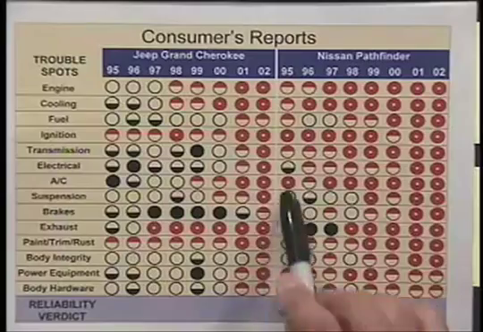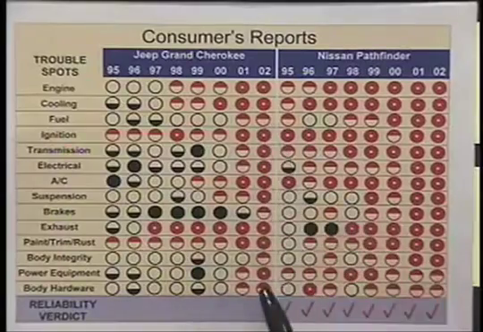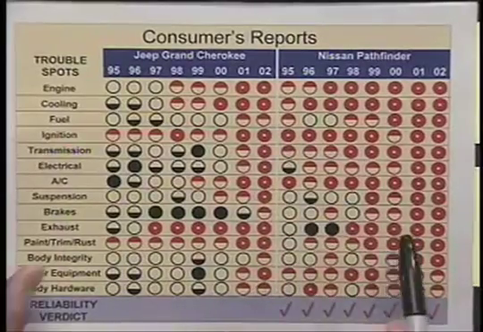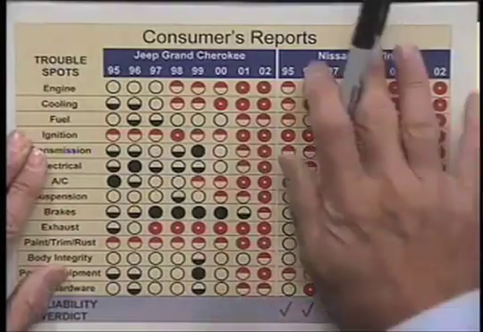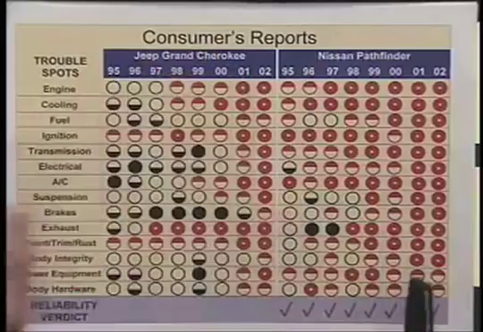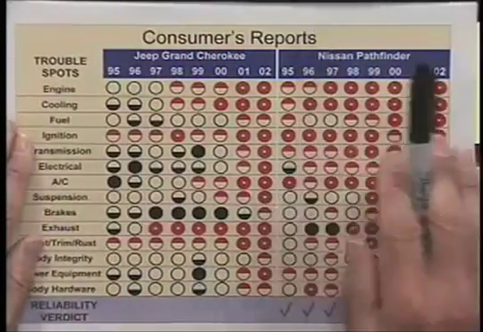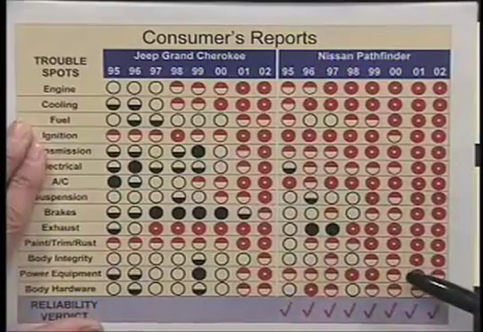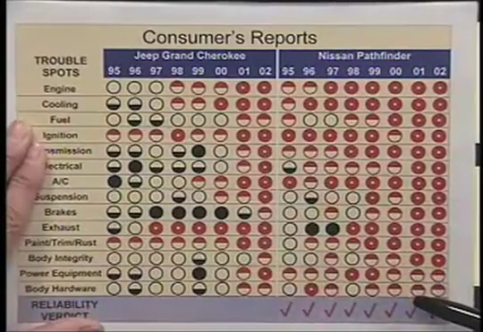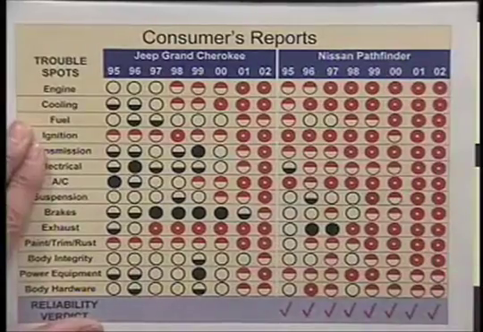A couple of cases where the dots aren't quite as solid. And historically, more black here than you see here. So more red, less red. More black, less black. This indicates to me that overall, the Nissan Pathfinder has traditionally been historically a better quality car. So I ended up buying the Nissan Pathfinder.